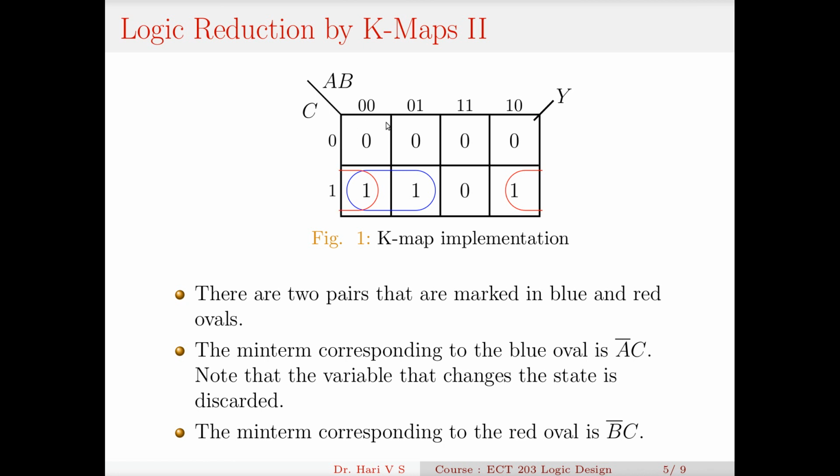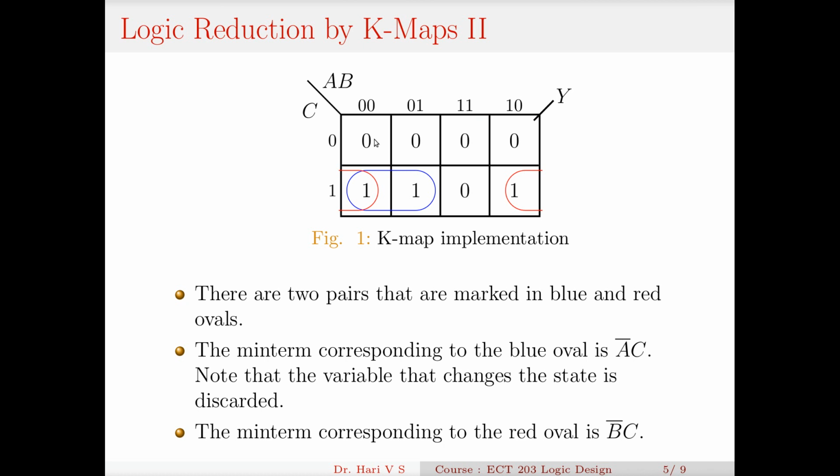And this AB is written not in a straightforward manner, but in a Gray code manner. This is 0 0, 0 1, then comes 1 1, and 1 0. This is A equal to 0, B equal to 0, this is A equal to 0, B equal to 1, this is A and B both 1, and this is A equal to 1, B equal to 0.